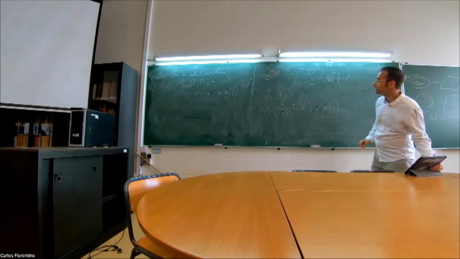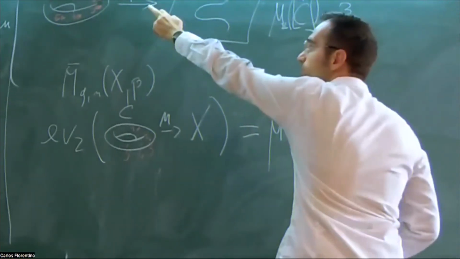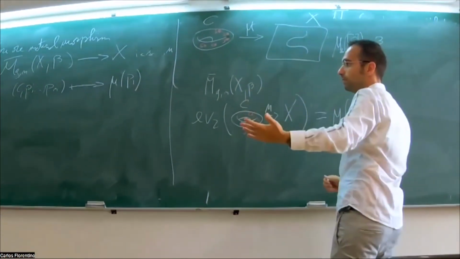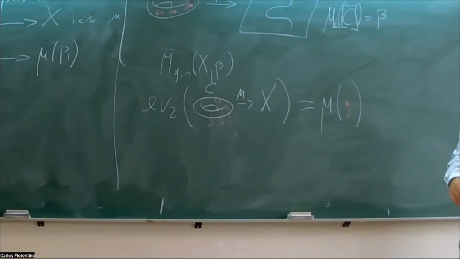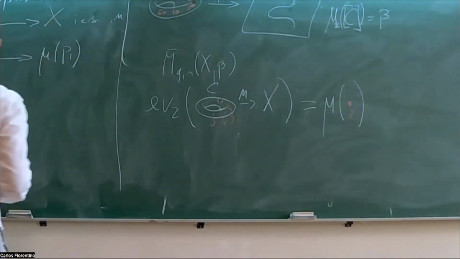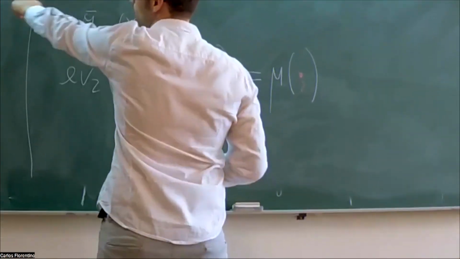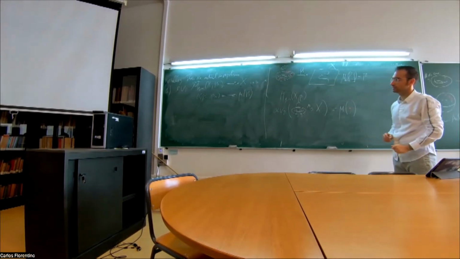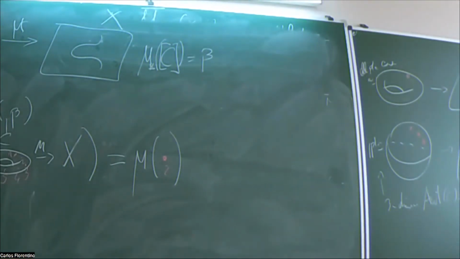So here I have the second marked point, which has an image in X under mu. So by the functorial property of M bar, I can construct a map of this type, which simply takes the second mark, it depends on i, and maps to a point of X. Okay. So I have a second map, which is the forgetful map.